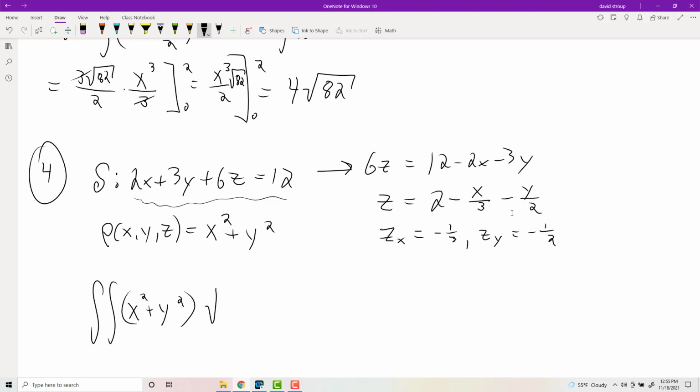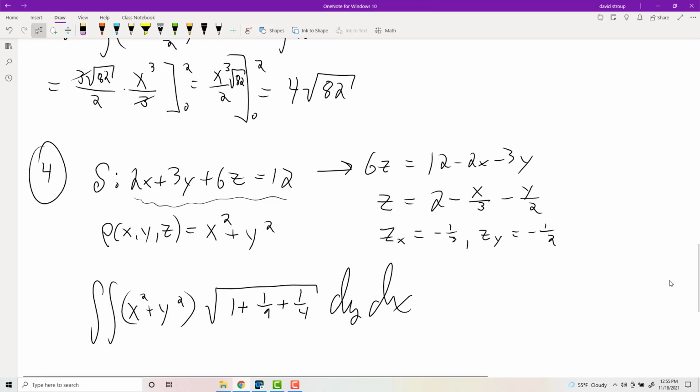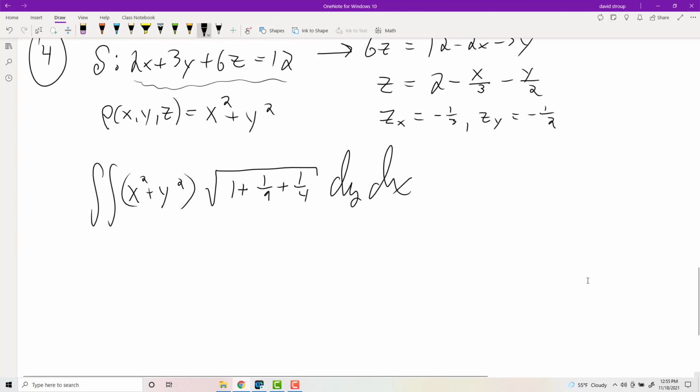So it'd be x squared plus y squared times the square root of 1 plus 1/9 plus 1/4, and then your dy dx. We need to get the projection of the surface into, I think it said the first octant.